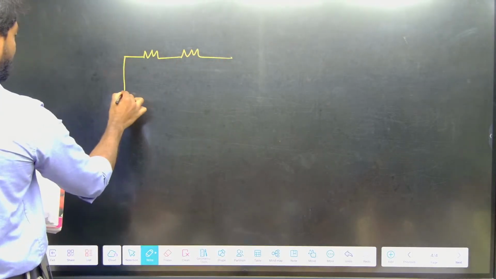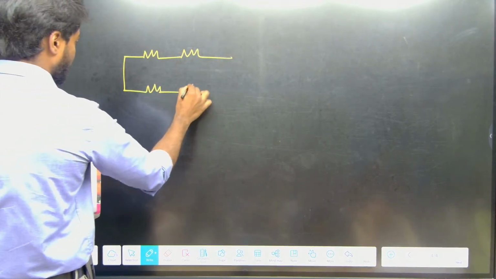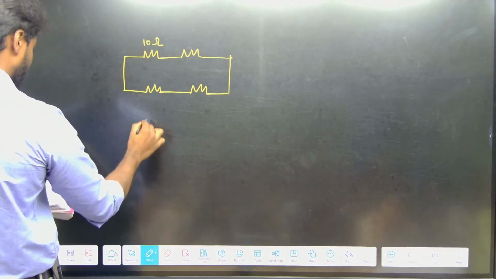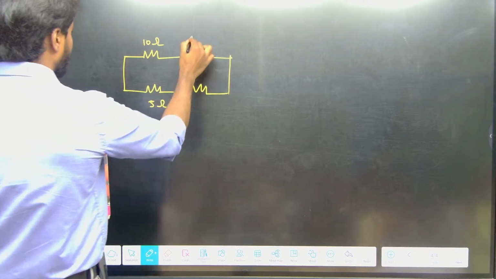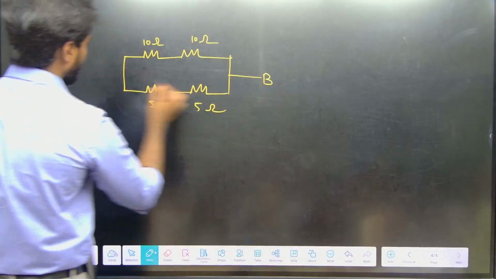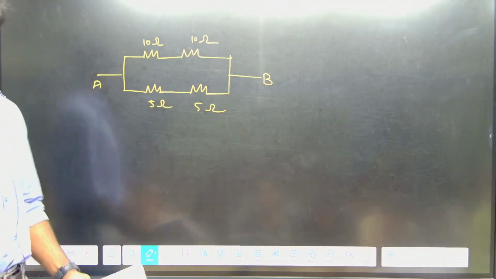So we will start with the basic problem. Ten ohms and this is 5 ohms, again 10 ohms and this is 5 ohms. This is B and this is A. Get the answer first.